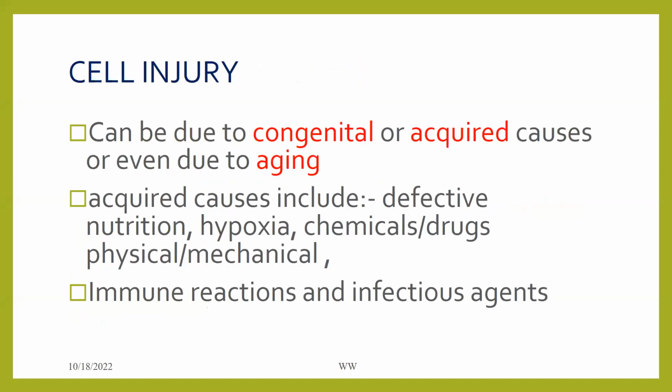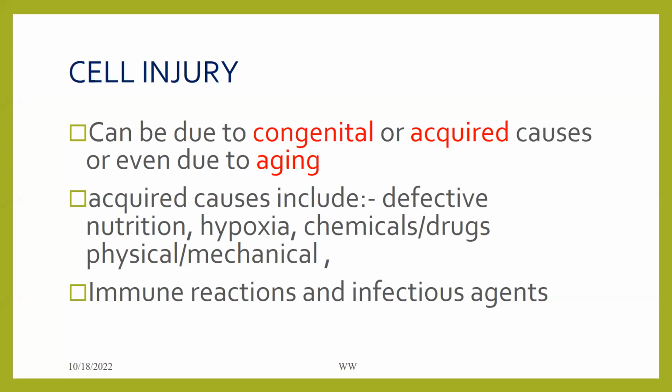Okay, so we'll start by saying that cell injury can be due to a congenital issue, or it can be an acquired cause, or even part of aging. The Bible and probably other religious books tell you that the lifespan of a man is 70, 80, and probably even up to 120, but with troubles thereafter.